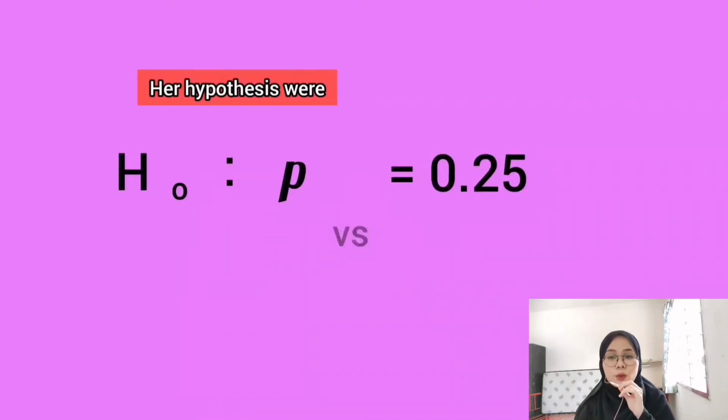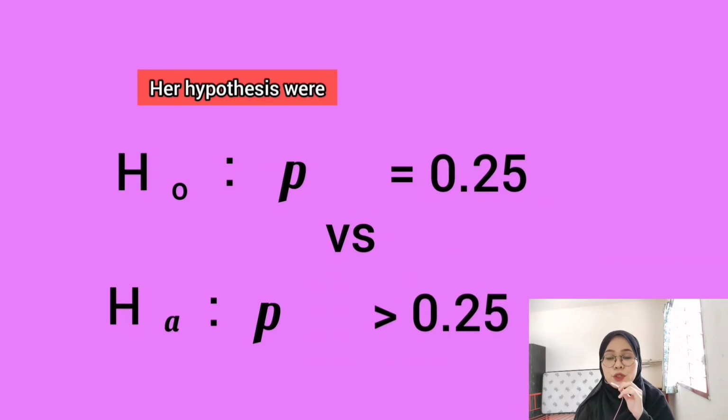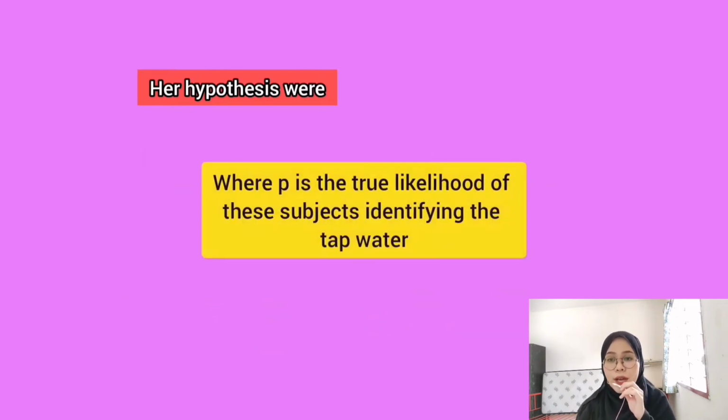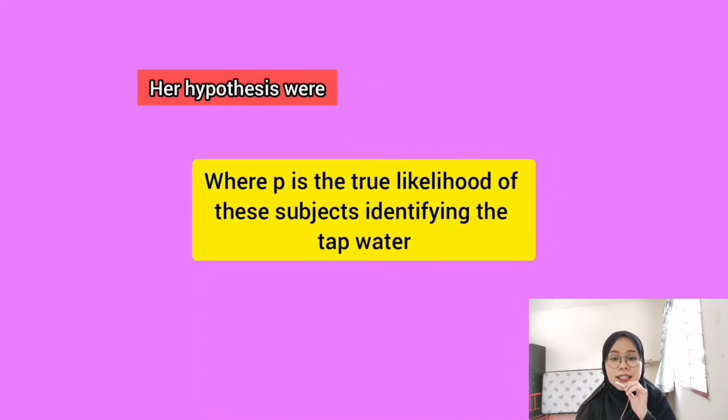Her hypotheses were: the null hypothesis p = 0.25, while the alternative hypothesis is p larger than 0.25, where p is the true likelihood of a subject identifying the tap water.